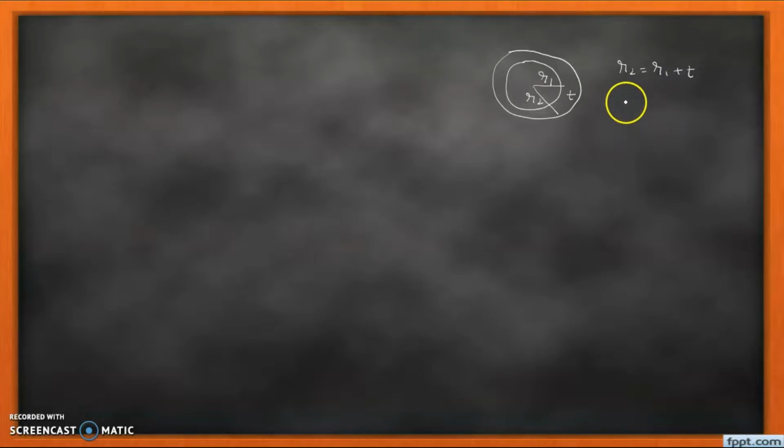The radius of the pipe is 3.75 centimeter and the thickness is 2.5 centimeter. So the outer radius becomes 3.75 plus 2.5, which is 6.25 centimeter.